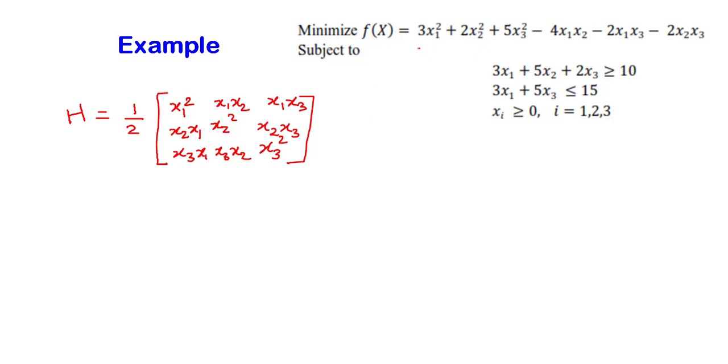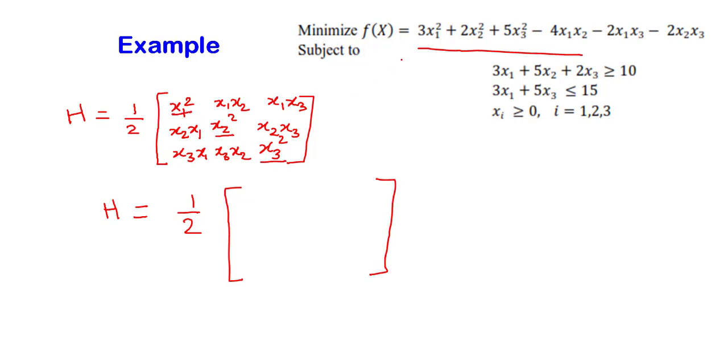For example, this is the minimization equation which we are having here. We will write the equation like this: H is equal to half. Since half is there in MATLAB by default, I am considering half, and whatever the diagonal elements are, I will consider the x square coefficients. Here the x1 square coefficient is 3, the x2 square coefficient is 2 and the x3 square coefficient is 5.